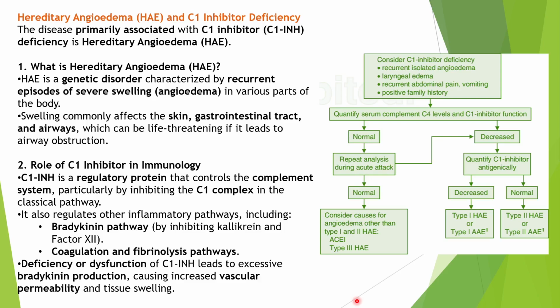Next is hereditary angioedema. It is primarily associated with C1 inhibitor, that is, the complement C1 inhibitor. The disease, hereditary angioedema, that is HAE, is primarily associated with C1 inhibitor deficiency.